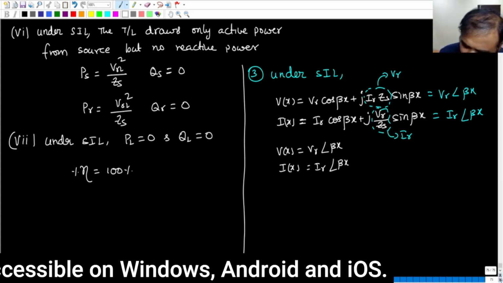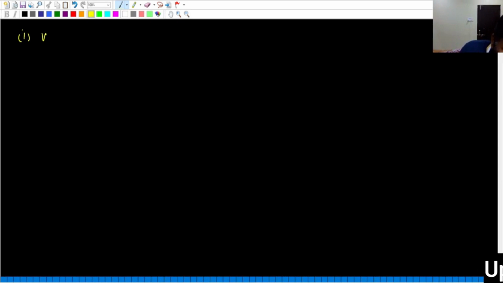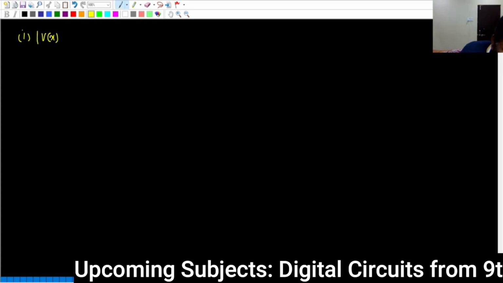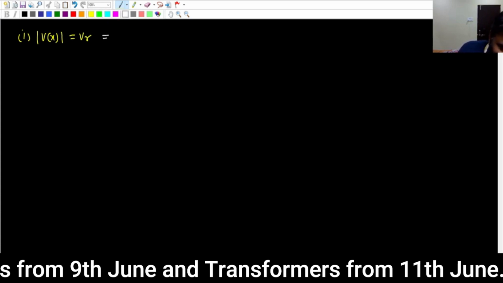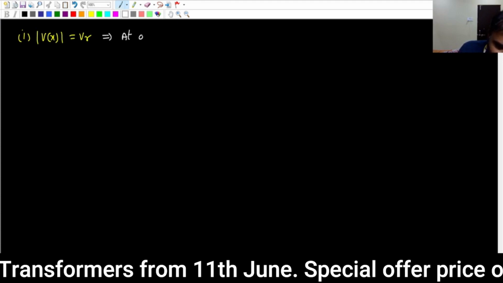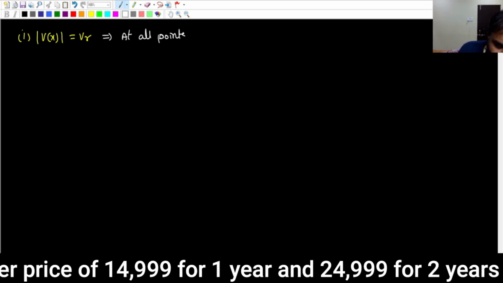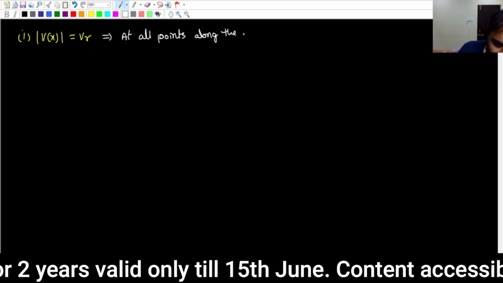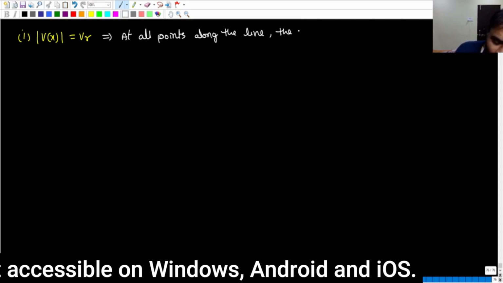So let me write these 2 points now. The first point: under surge impedance loading, we understand the magnitude of V of x equal to VR. From this what can I conclude? At all points along the line, the magnitude of the voltage is constant.